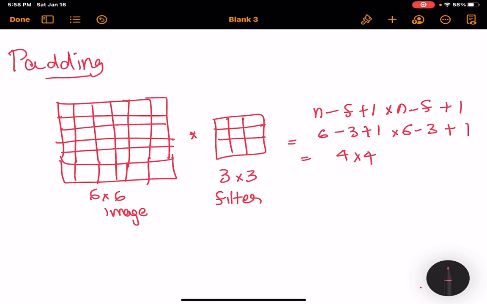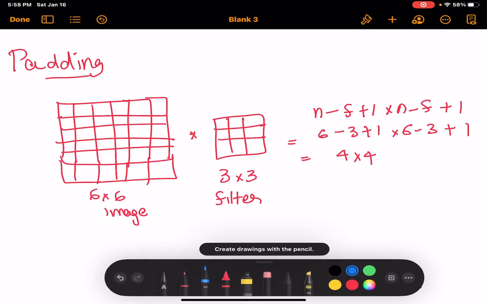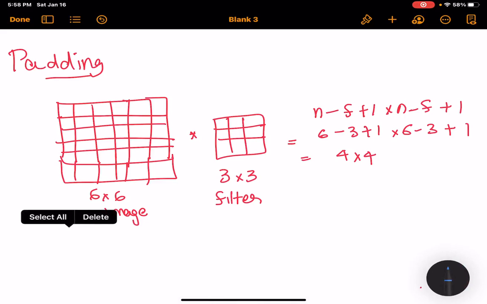Right? Now, padding is a method by which we add an extra border around our image. So, suppose that I am adding one layer around my image.